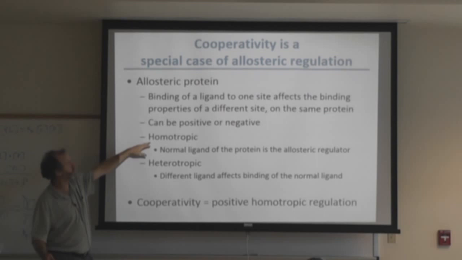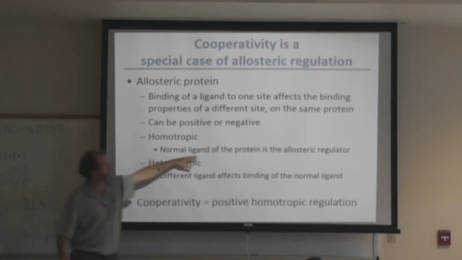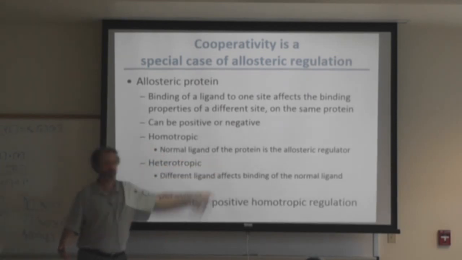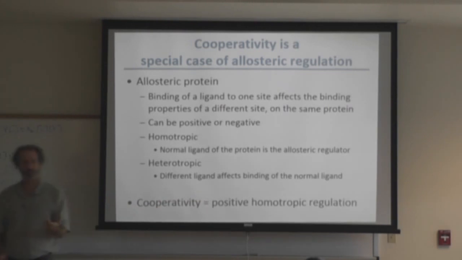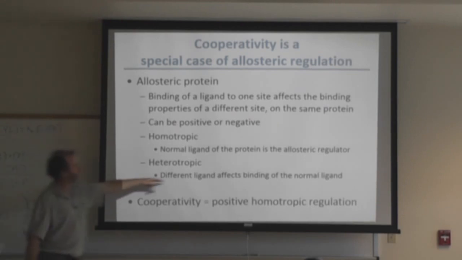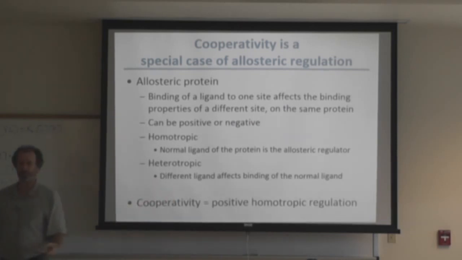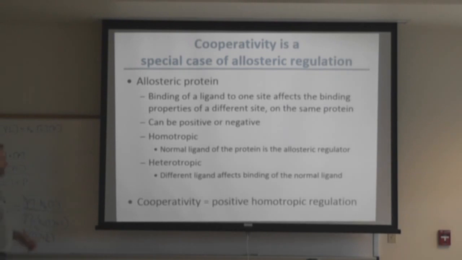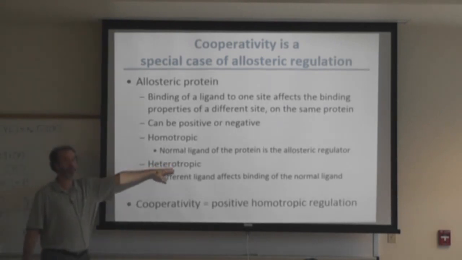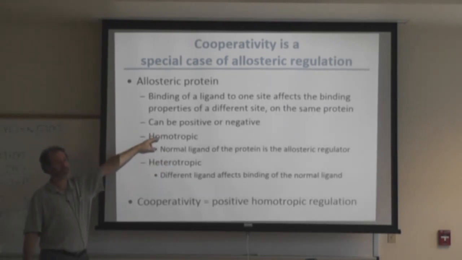And homotropic is where the normal ligand of the protein is the allosteric regulator. Oxygen is a homotropic regulator of hemoglobin, right? Heterotropic is when a different ligand affects the binding of the normal ligand. 2,3-BPG, or 2,3-bisphosphoglycerate, is a heterotropic regulator of hemoglobin binding to oxygen.